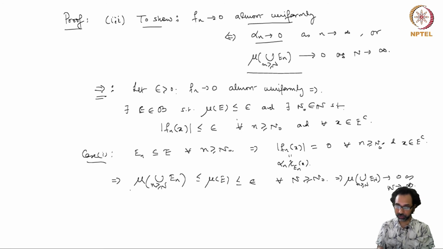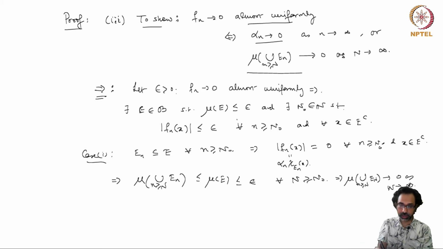So in this first case, where you have all these En inside the set E, then we have automatically that the measure of the nth tail support goes to 0.